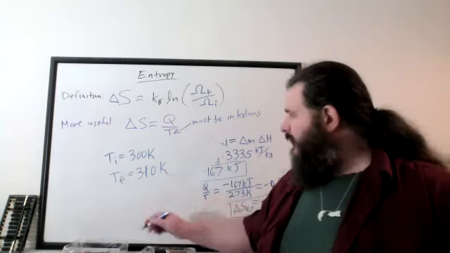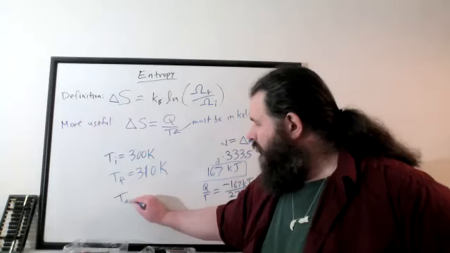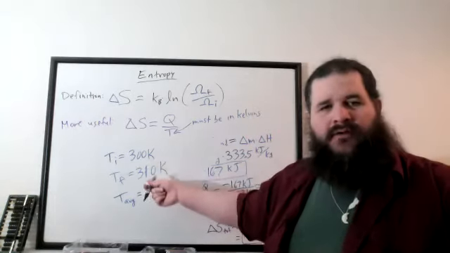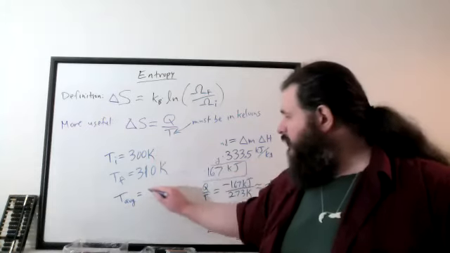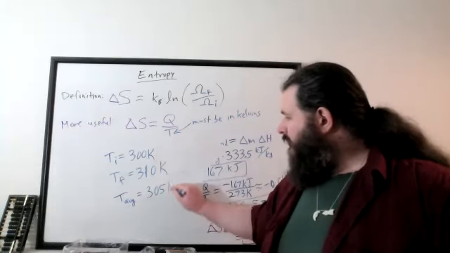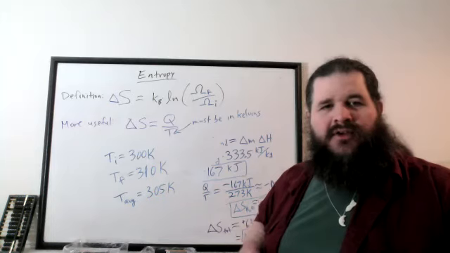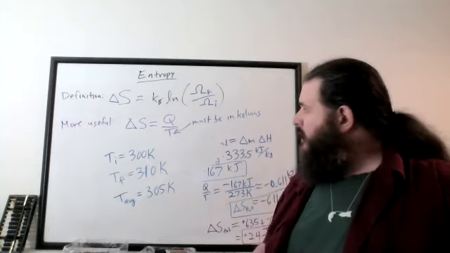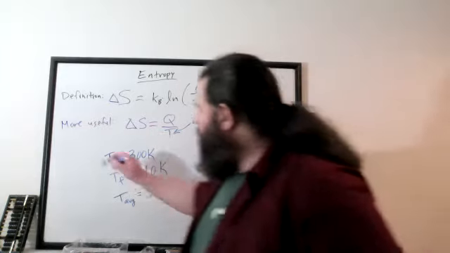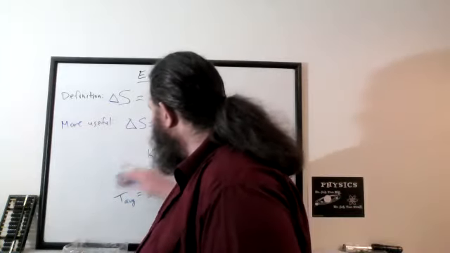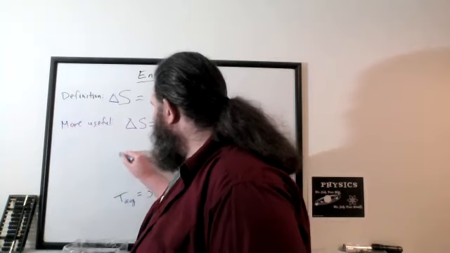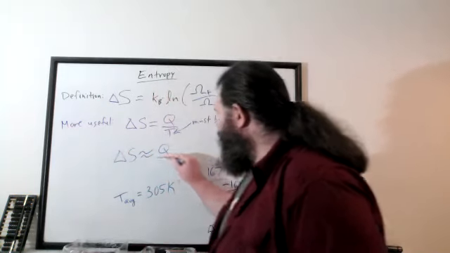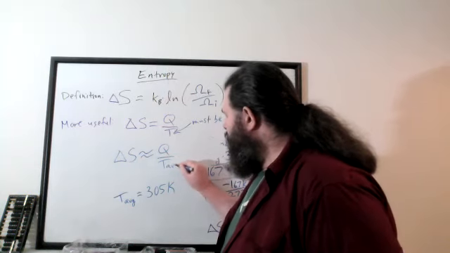Yeah, 305. We can say the average temperature, which you could calculate by looking at just what's halfway between, or more formally, add them together, divide by 2, 305 Kelvin. So one thing you can do, if the temperature is changing, as long as it's not changing a huge amount, you can approximate delta S by taking the average temperature. Delta S is approximately heat over average temperature.